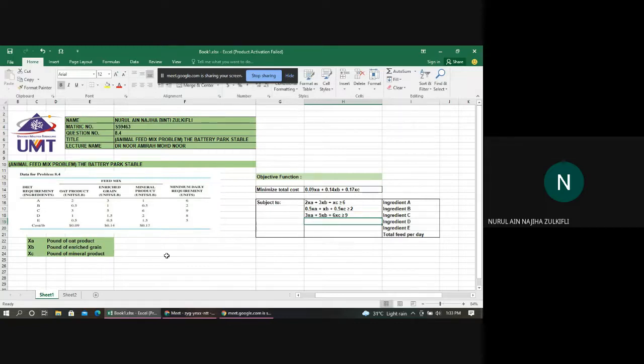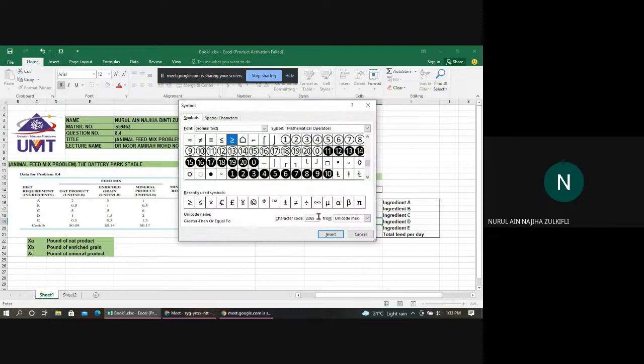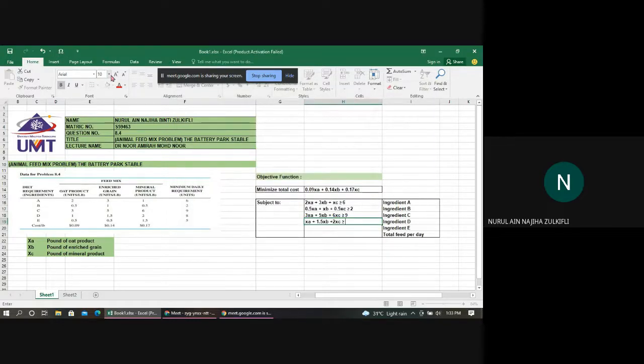And then for the ingredient D is XA plus 1.5 XB plus 2 XC. So greater than 8. And then for the ingredient E is 0.5 XA plus 0.5 XB plus 1.5 XC.